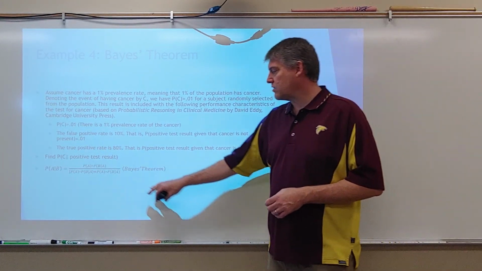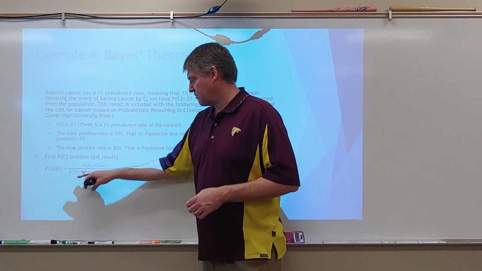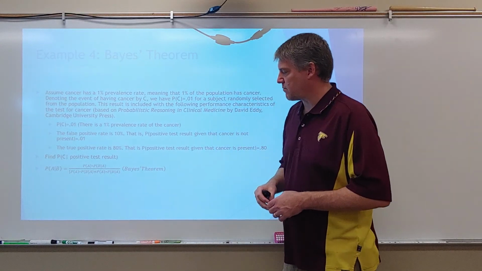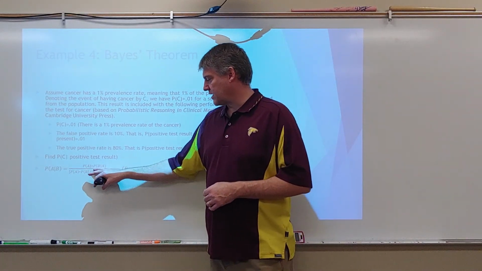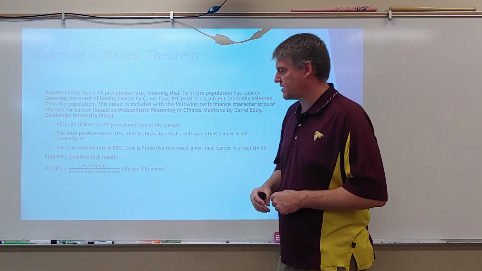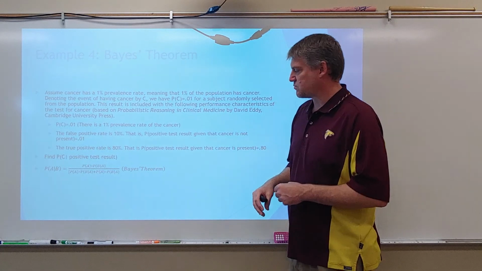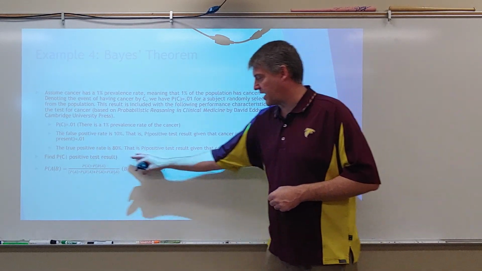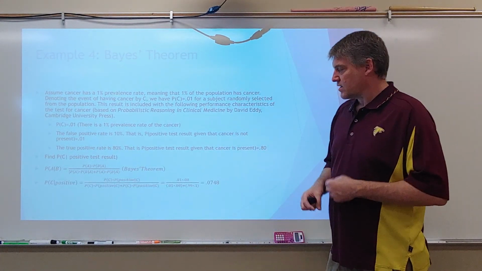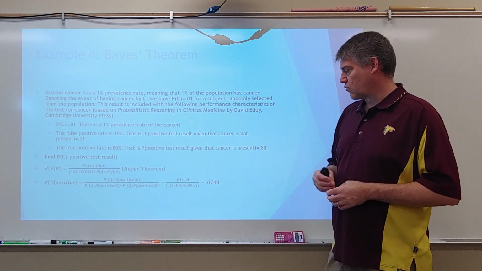We're going to use conditional probability. So I have the probability of A given B equals the probability of A times the probability of B given A, over the probability of A times the probability of B given A, plus the probability of not A times the probability of B given not A. This is Bayes' theorem. So we're looking at this positive rate.